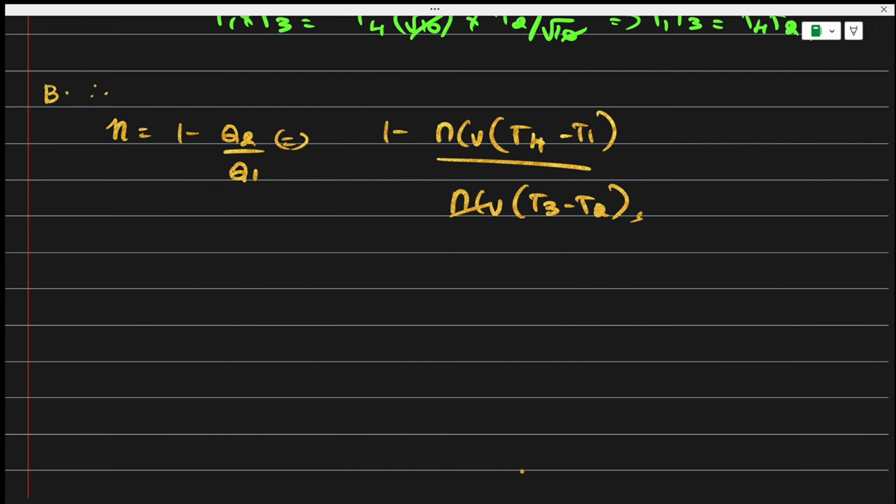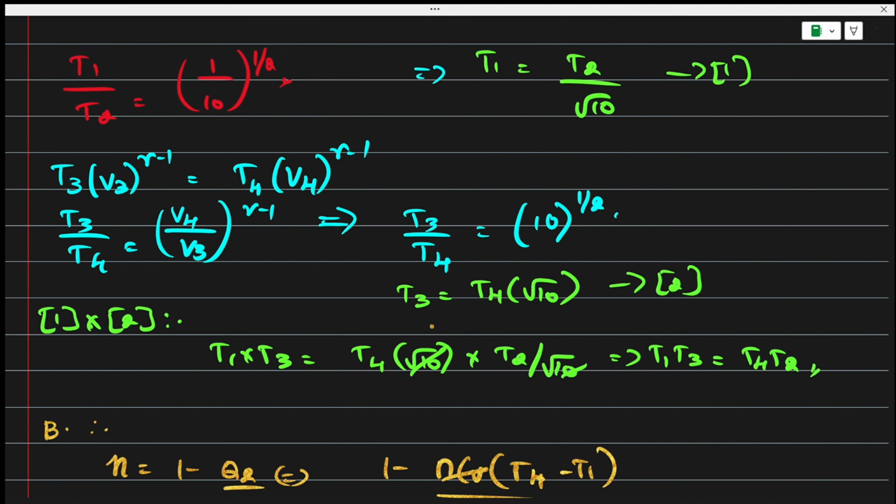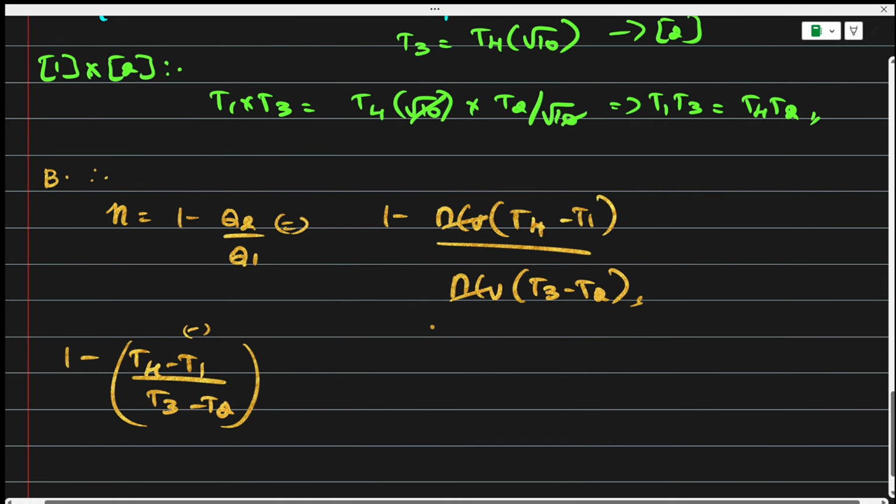Let's get rid of NCV, so we have 1 minus T4 minus T1 by T3 minus T2. This is in the form of variables. Now I need to change this to a constant so that I can find the value of efficiency. So let's use T1 is equal to T2 by root 10 and T3 is equal to T4 into root 10.